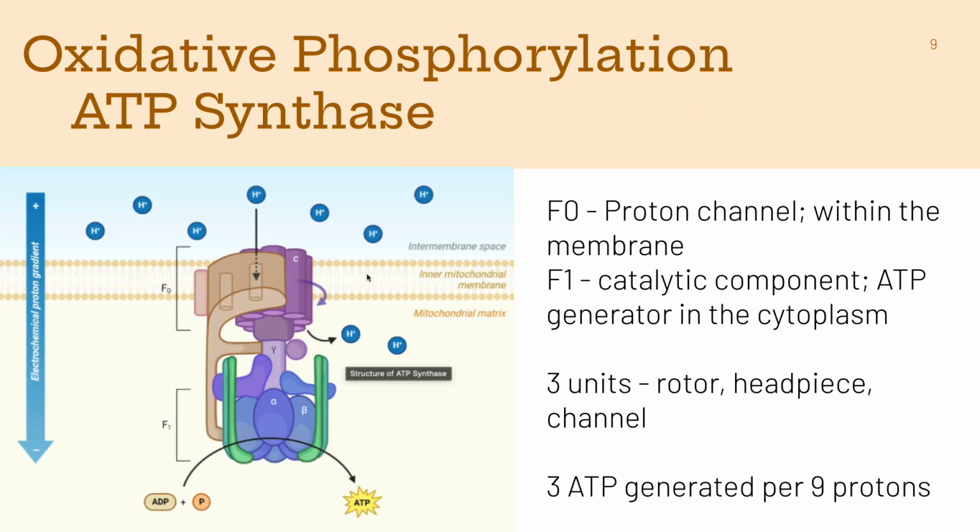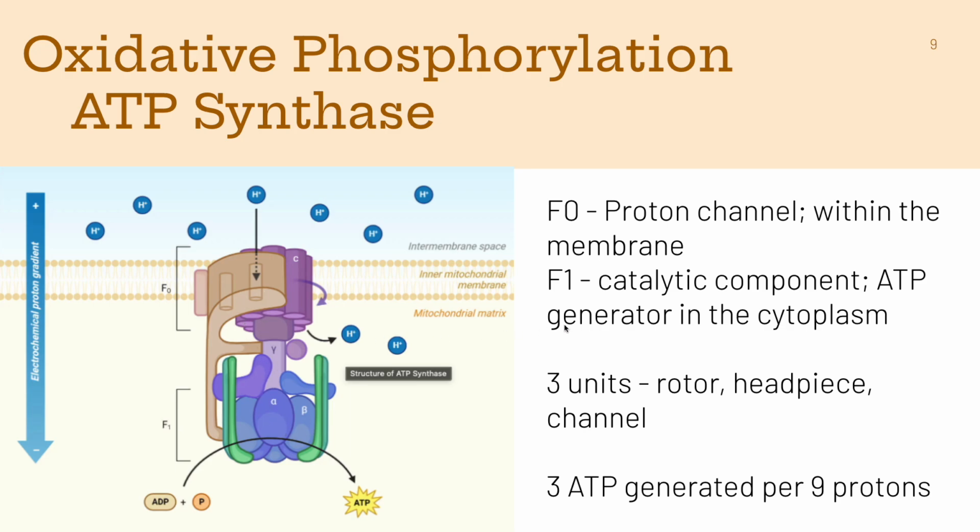All right, so when it comes to ATP synthase, we have two things that we look at here. The F0 portion is just describing the proton channel. So this is within the membrane, and this is where our protons are coming through the channel to work into F1.